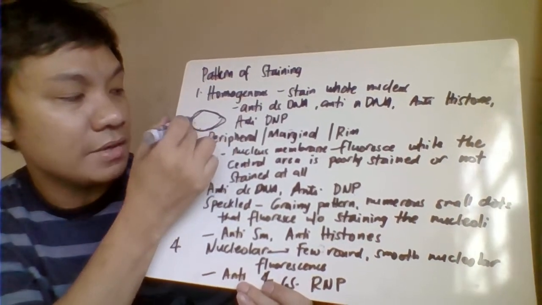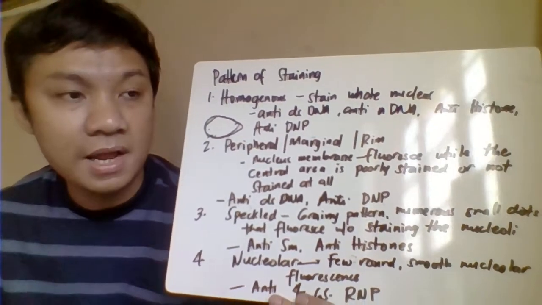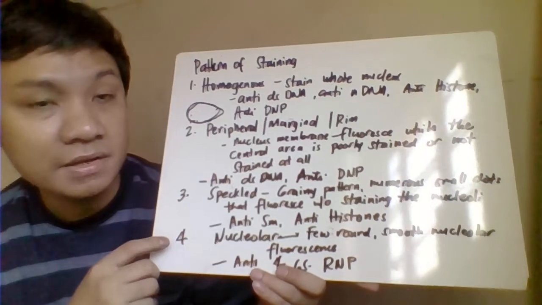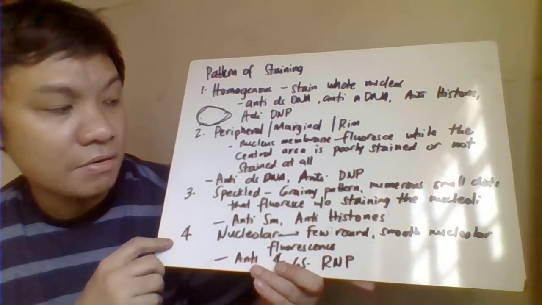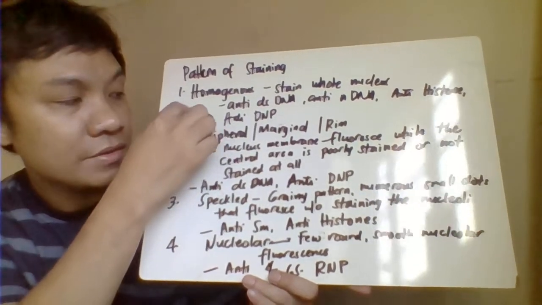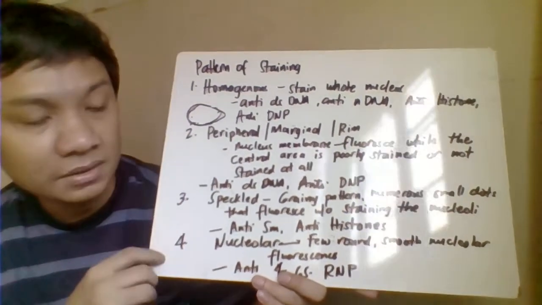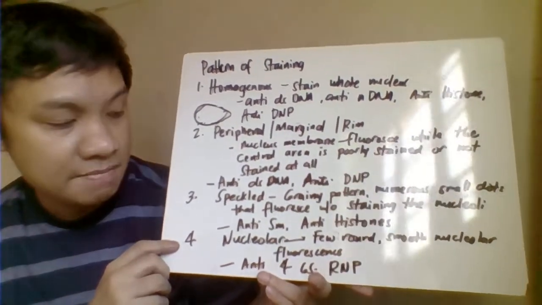If only the margin of the nucleus, the membrane, fluoresces, then it becomes your peripheral rim or marginal pattern. So the nuclear membrane fluoresces, while the central area is poorly stained or not stained at all. This is related to your anti-double-stranded DNA and anti-DNP.